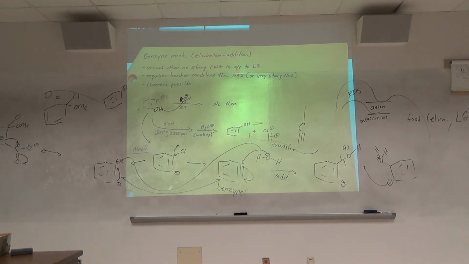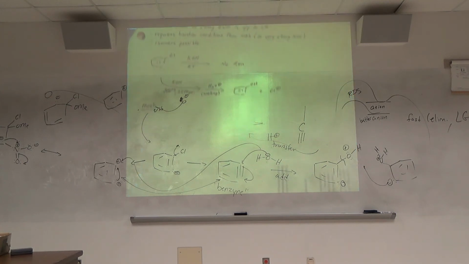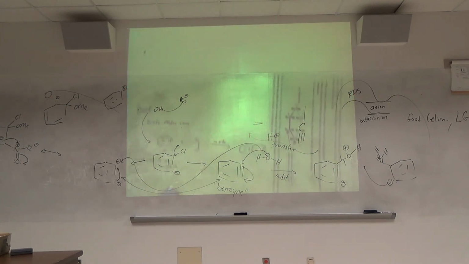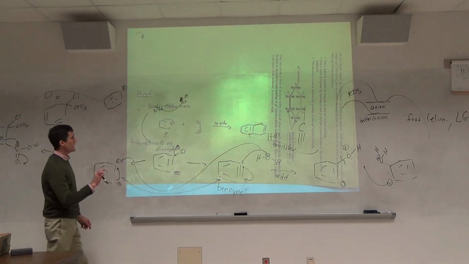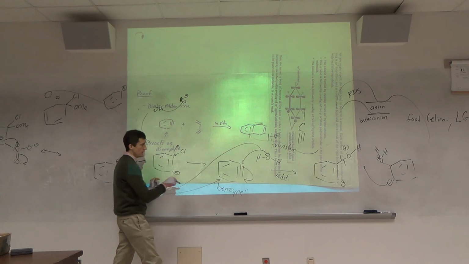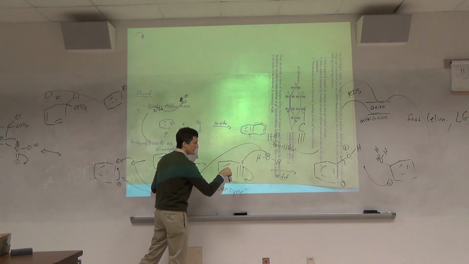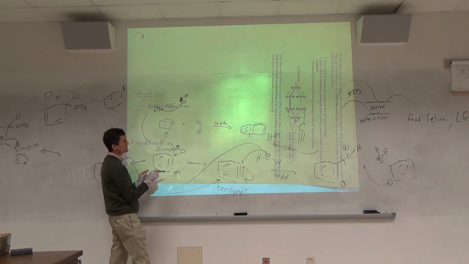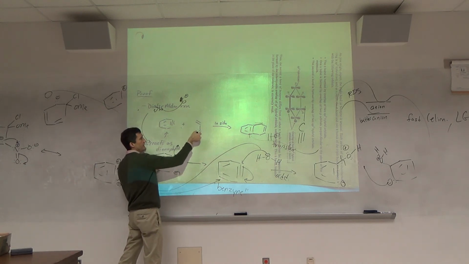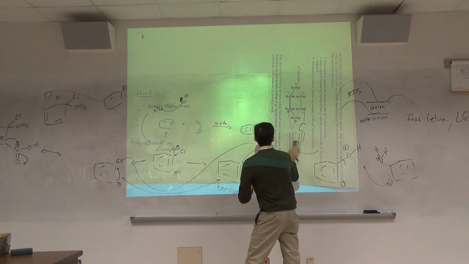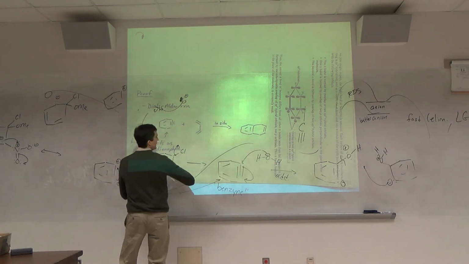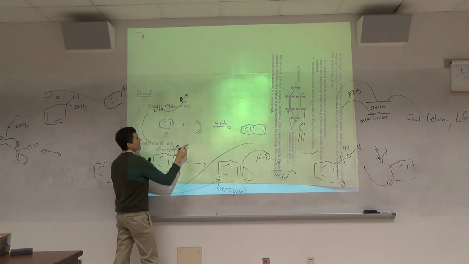So am I lying to you about this benzyne stuff? Y'all believe that a triple bond can really form? Well, this was the mechanism, and some people didn't believe it. They set out to try to prove it. What support can we get? Somebody showed this. You can actually make these, and then somebody showed that if you put in a diene, it will react to give this by what type of reaction?